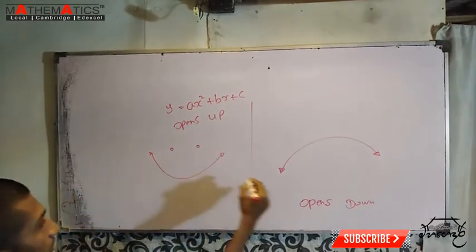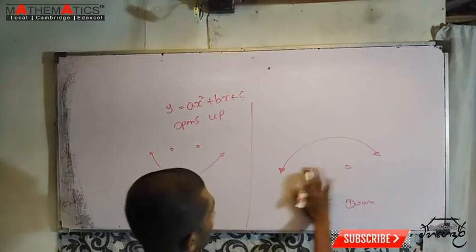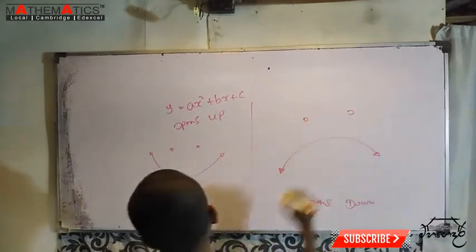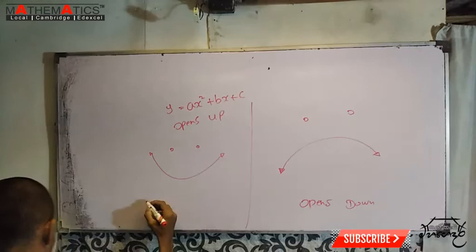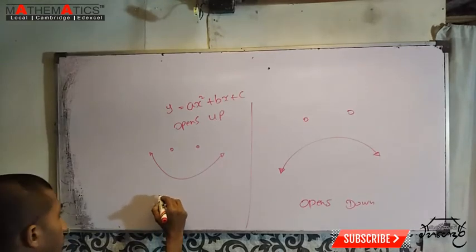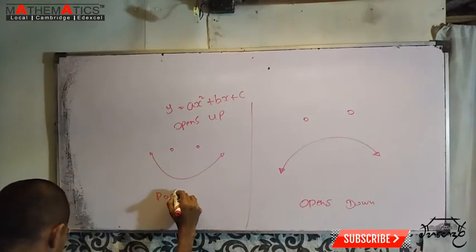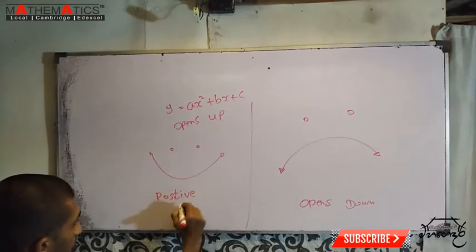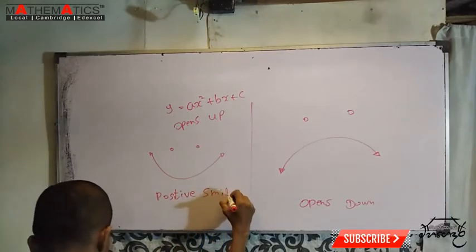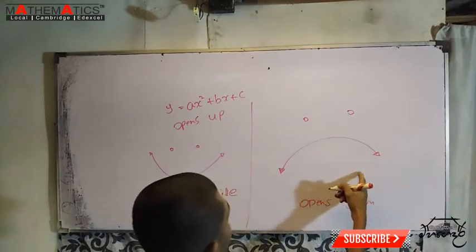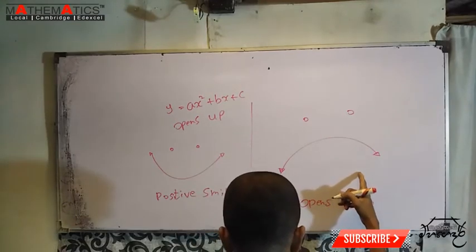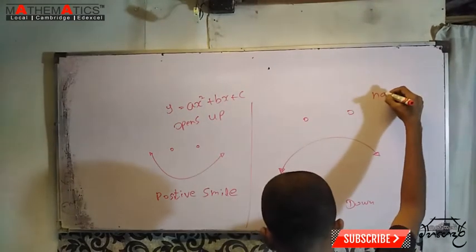You can remember these two types of graphs by using this method: the first has a positive smile, and the other has a negative frown.